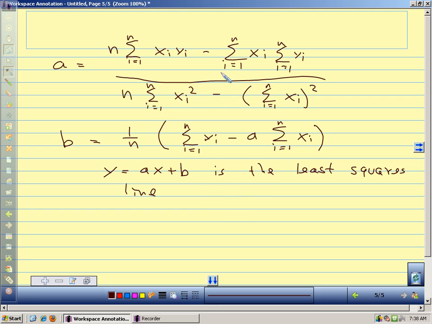Now, just looking at the form of this, think how difficult that would be to calculate by hand: finding those partial derivatives, setting them equal to 0, finding a, finding b, all these sums. So one of my points here is that our calculators are pretty amazing, that they do something like this for us. So in Algebra 1, we can calculate a least squares line without even really thinking about it.